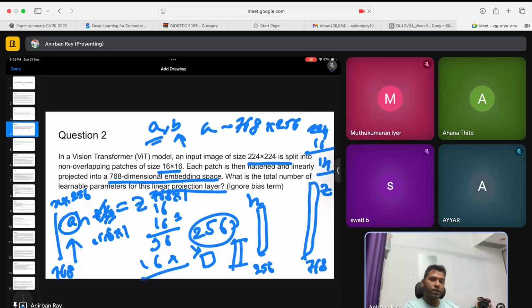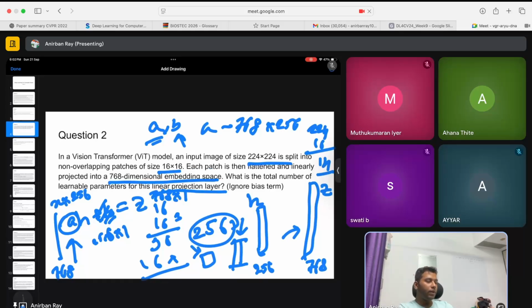So all of these patches are fed into the same learnable linear layer, and each of them will be transformed into this 768 cross 1 vector. It is not like for each patch we have a separate linear transformation layer. For all of them we have only one. Why is that important? For it to train, it has to generalize over all the patches.